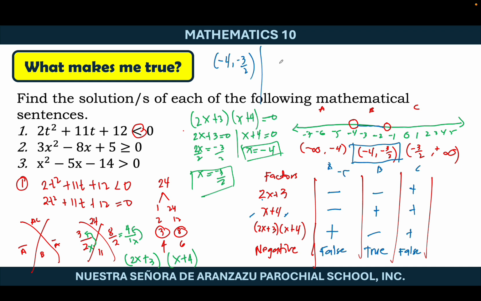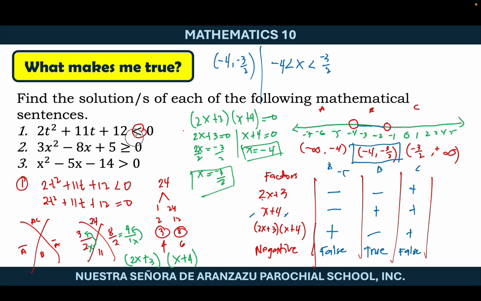Kapag sa, anong tawag dito? Sa inequality notation naman, kunin lang yung isang value, negative 4. Then, sundan lang ito. Then, x. Then, negative 3 over 2. So, kapag binasa natin to, x is greater than negative 4 but less than negative 3 over 2.